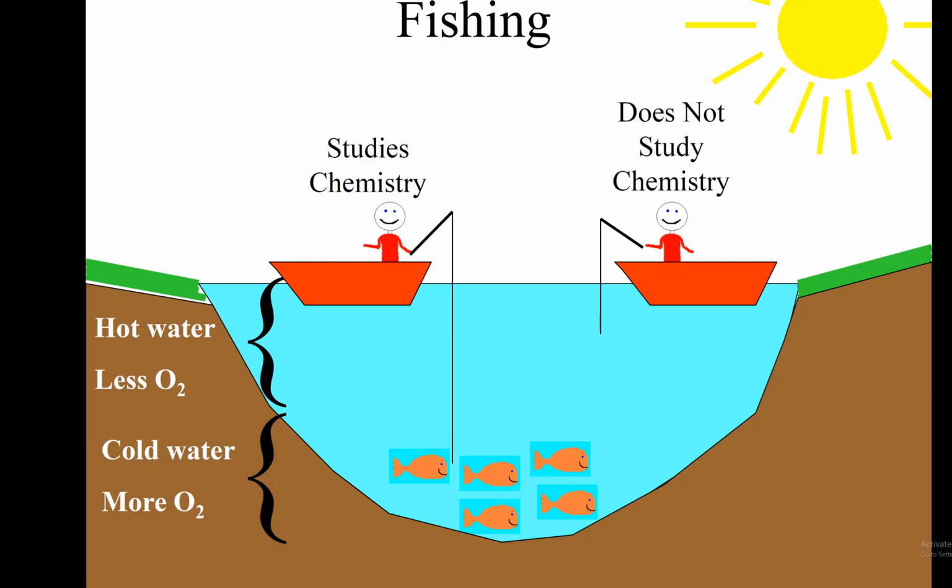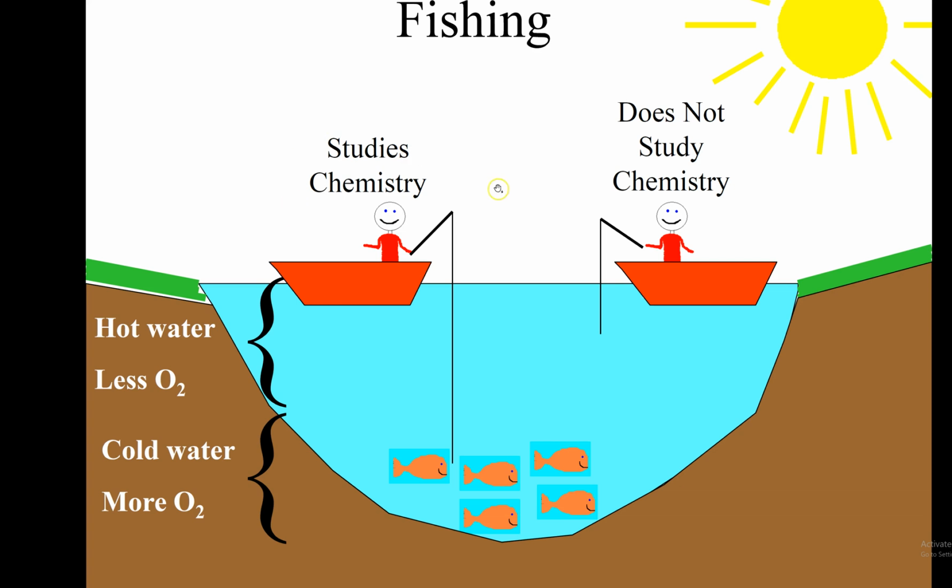Now, here's a classic example of fishing, comparing somebody who studies chemistry versus somebody who doesn't. If you go fishing on a really, really hot day, you want to find out where the fish are, right? Fish love to be near oxygen, because fish are like us. They need oxygen, they need water, they need all that stuff.